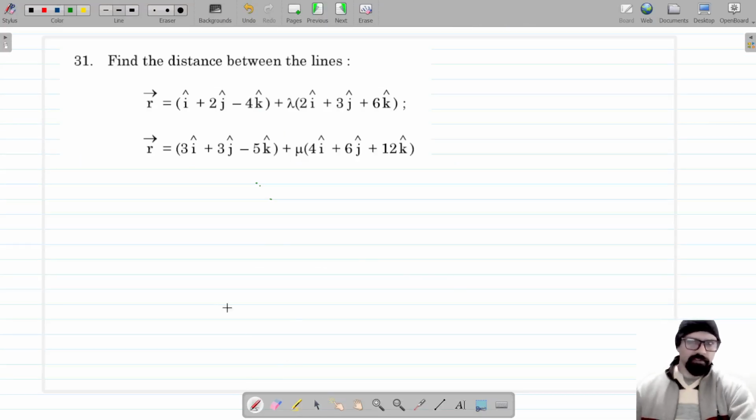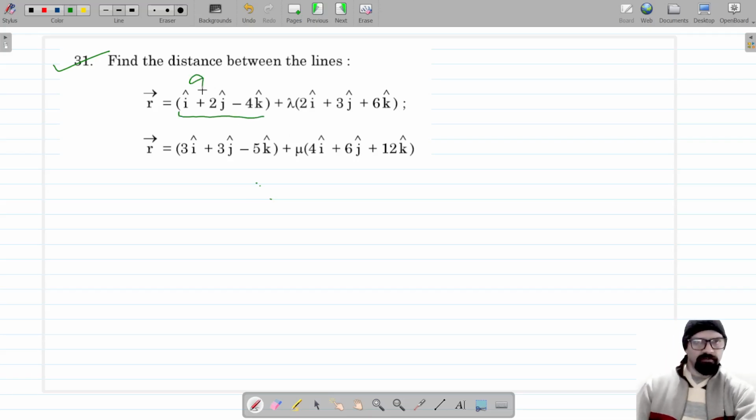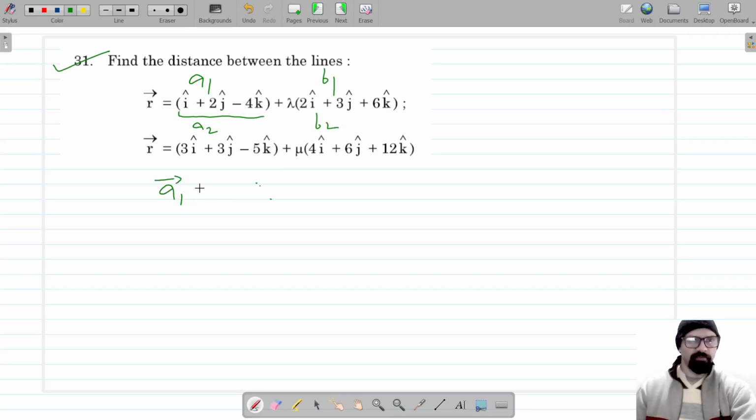Okay, next question, that is question number 31. We have to find the distance between the lines, and these lines are in the vector form. So this is the position vector of the line through which this line is passing. This is the B1 vector, this is the A2, and this is the B2 vector. So let's write them. So position vector of the first line is i cap plus 2j cap minus 4k cap.